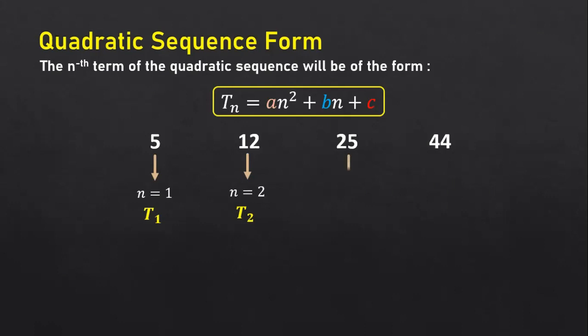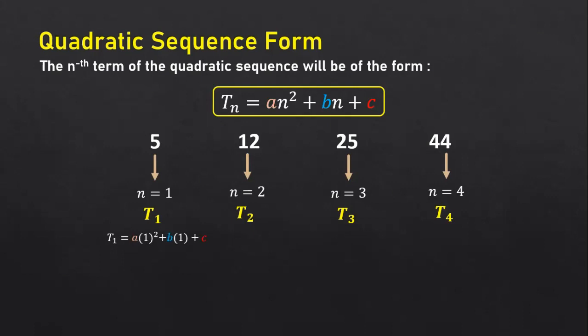Next, 25: n equals 3, the third term or T3. And the last, 44: n equals 4, and we call this T4. Is it clear, everyone?